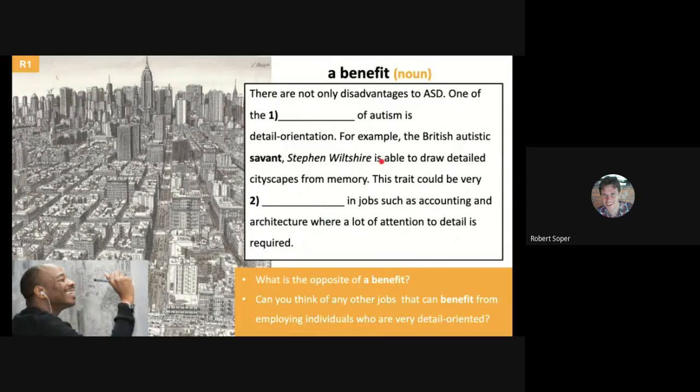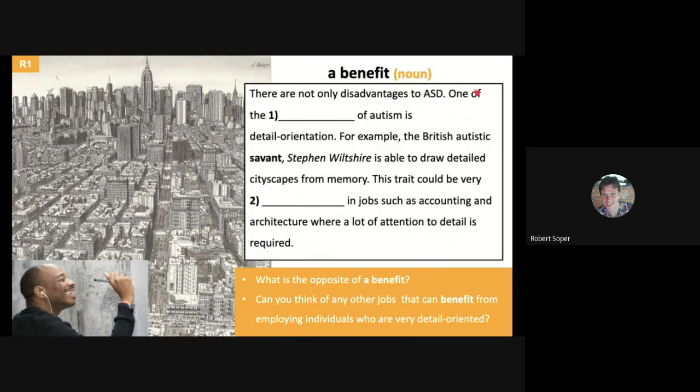Okay, so let's move up here to number 1. We said the correct answer was benefits. So we're looking for the noun form, which is benefit, but we're going to add a plural to it. It's going to be benefits. Why a plural? Well, there was a clue. It said one of the.